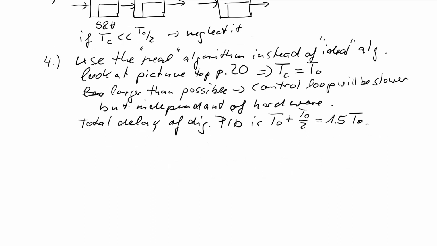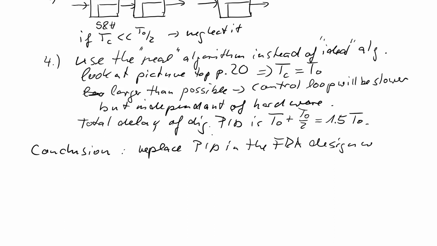So now come to a conclusion. If we know that we want to run our PID on a digital system, then replace the PID in the FRA design with the following block: design a PIDT1 with the KC, with the TN, with the TV, and with the step depths.